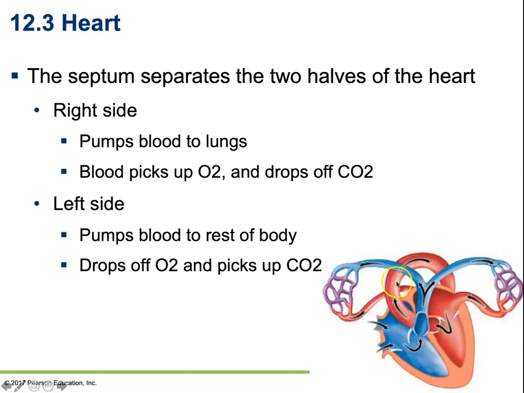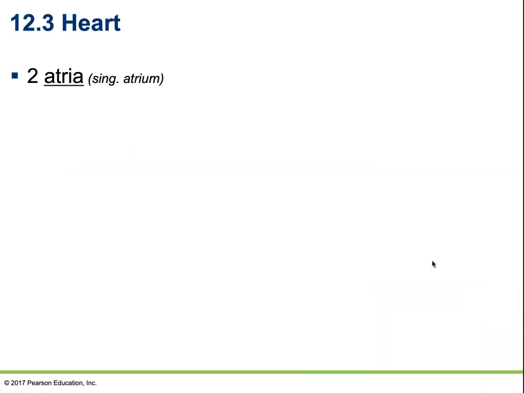Once in the heart, it's going to get pumped out, go to the body, drop off oxygen, bring carbon dioxide back, and empty back into the heart, where it's going to pump out to the lungs again. So you can kind of think of it as a figure 8 motion, with the heart being the central point in terms of gaseous exchange.